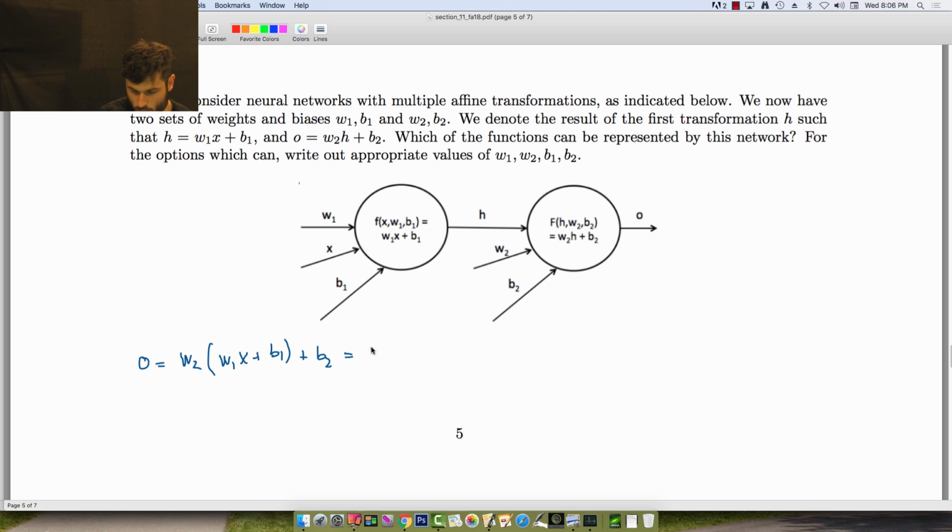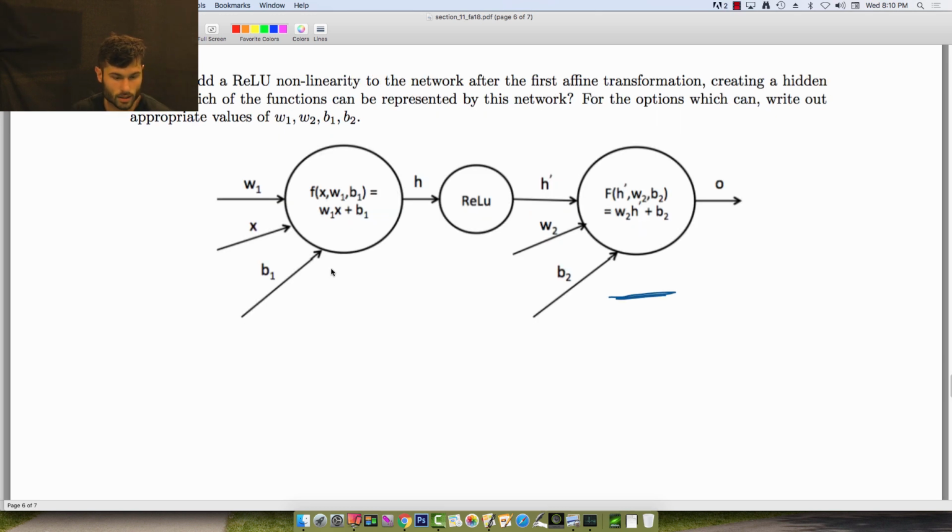So this is W2 W1 times X plus W2 times B1 plus B2. We can name this W and this B. So this is just WX plus B, and we're in the same case as question number 2. Therefore the only graphs it can represent are A and B.